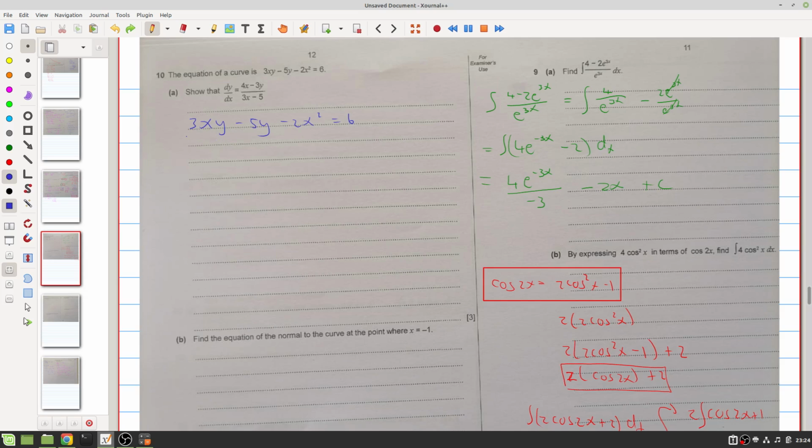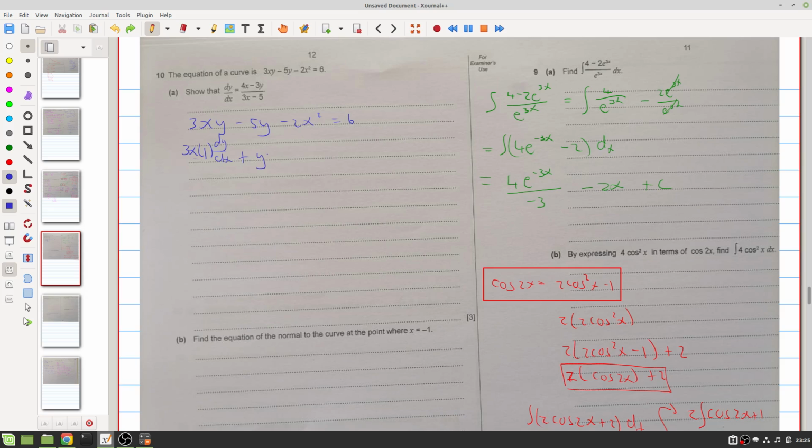With respect to x, we keep the first one, differentiate the second one. If we differentiate y with respect to y, it's going to be 1, but then we have to put times dy/dx. So every time there's a y, you differentiate the y, but also times dy/dx. So that was first, differentiate second, plus keep the second one, differentiate the first one.